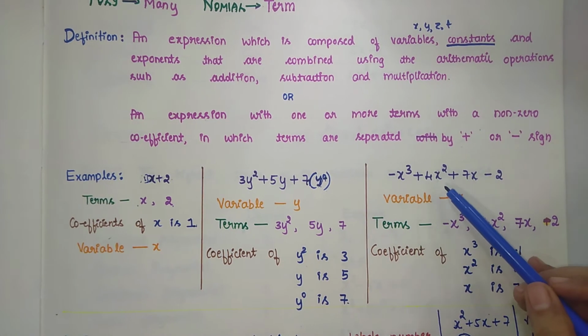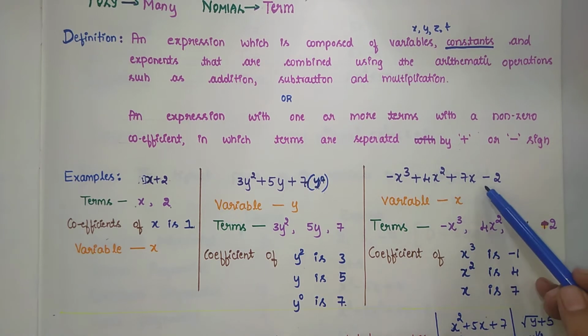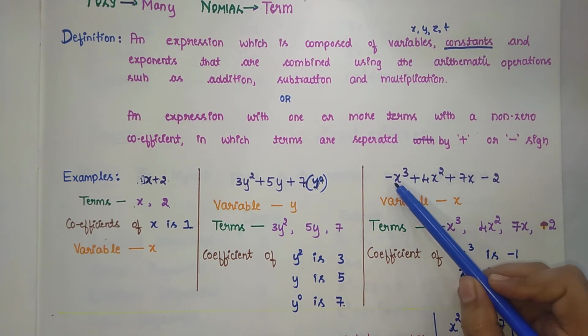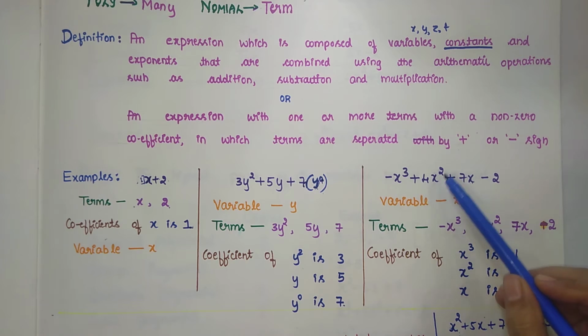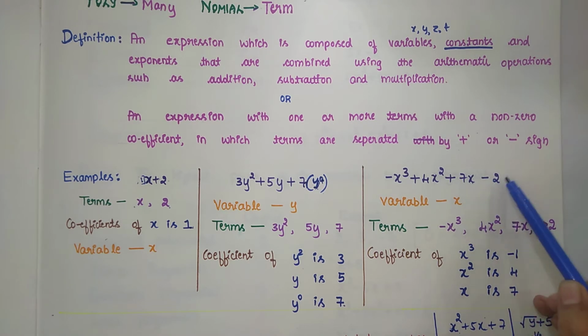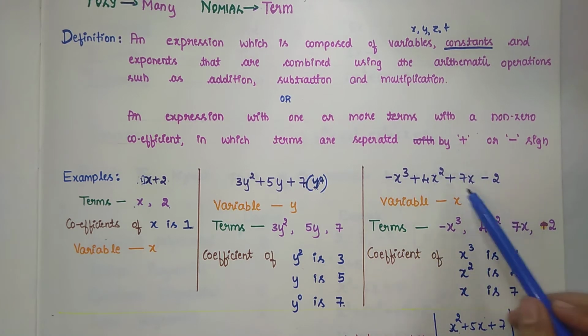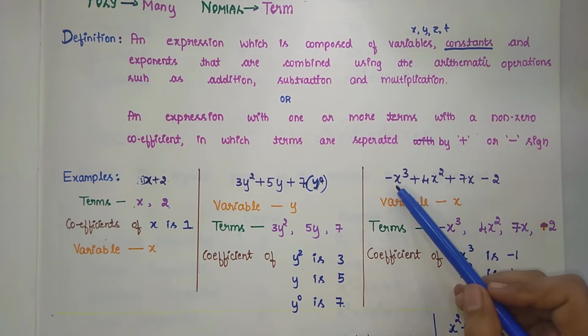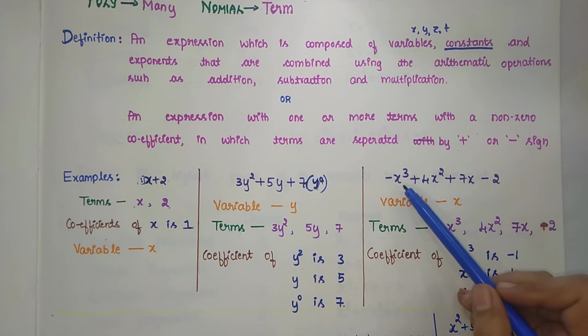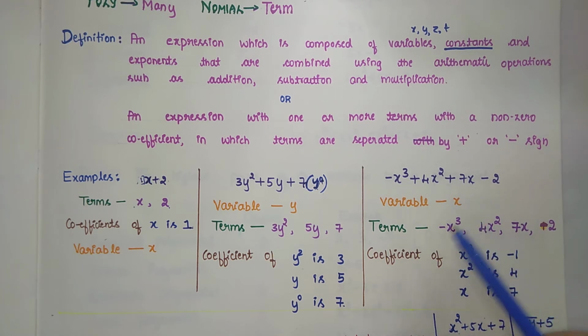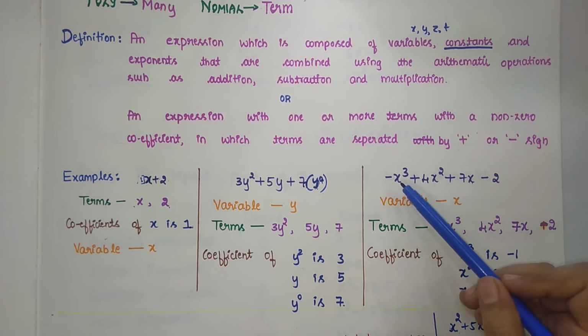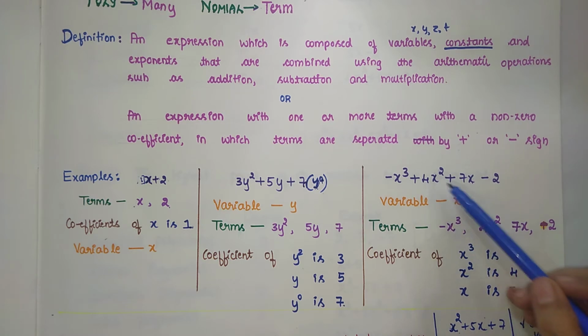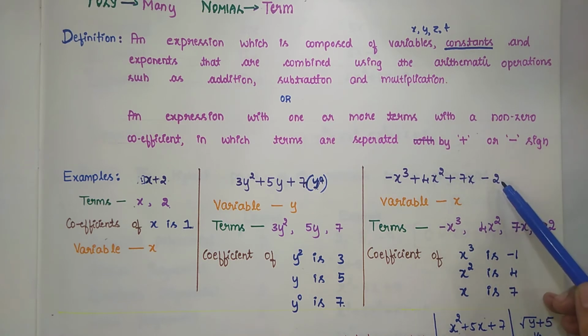Let us take another example with 4 terms. We have minus x cube plus 4x square plus 7x minus 2. So this is an example of a polynomial with 4 terms. As you can see, we have only one variable and that variable is x, and we have 4 terms, that is minus x cube, 4x square, 7x and minus 2.